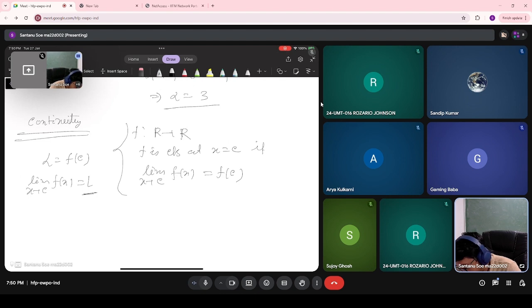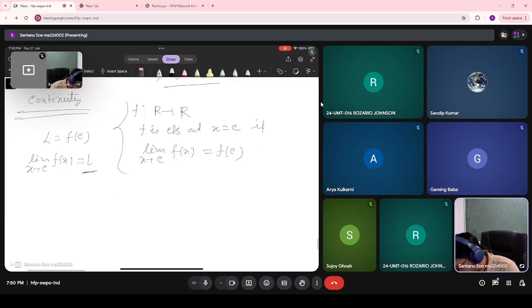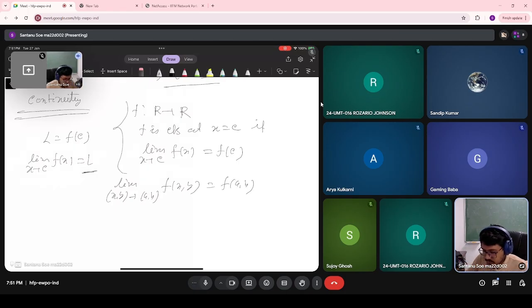But if this L is equal to f of c, then we can say the function is continuous. Now in the case of two variables, the definition is almost the same. So we say that this function is continuous at the point a comma b if this is equal to f of a comma b.